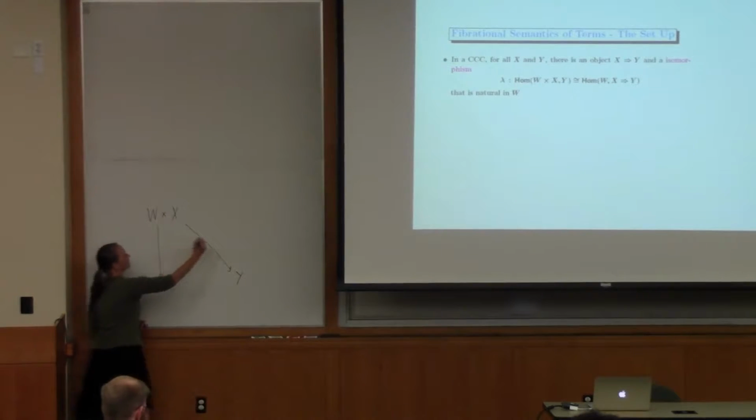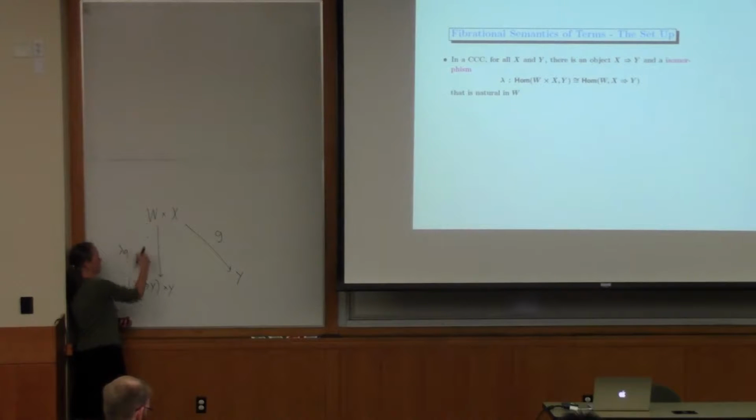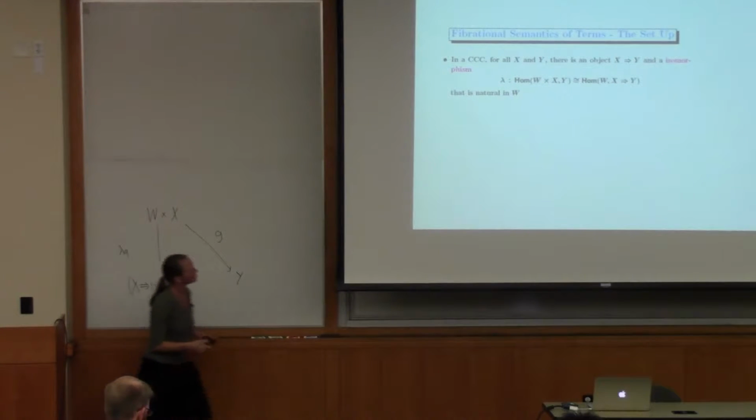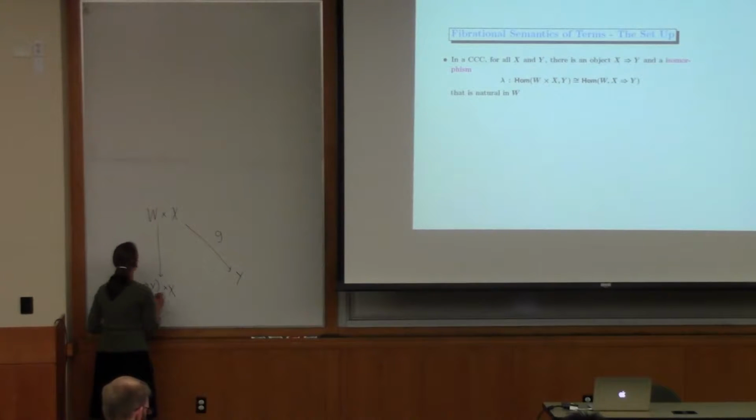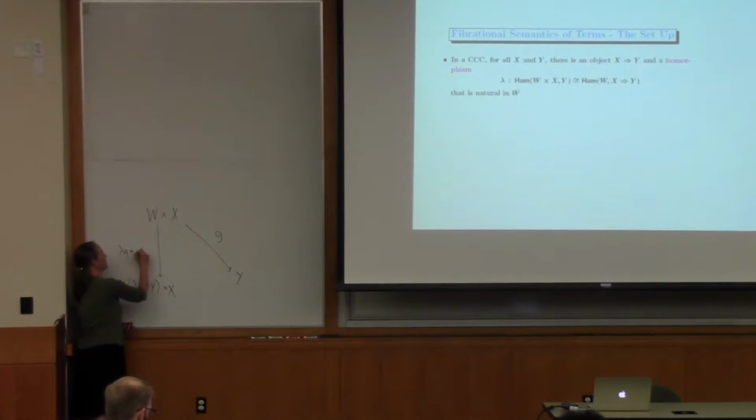And if this morphism here was called g, then this one is called lambda g. Yeah, I think I need x here. And here I need the identity. Okay, but now I think I'm good. Right, so this one is called g, and he called this one lambda g.